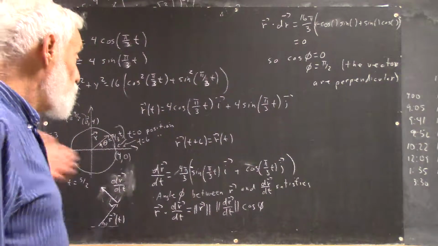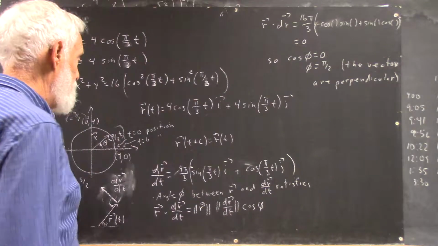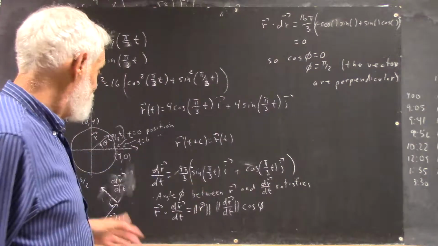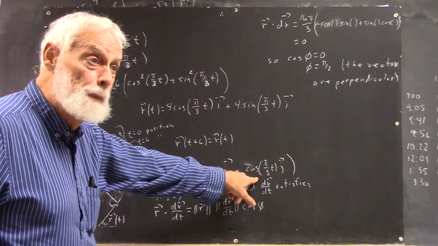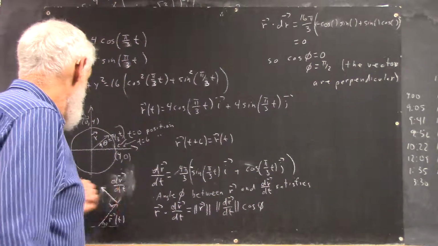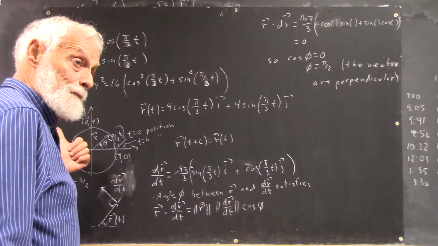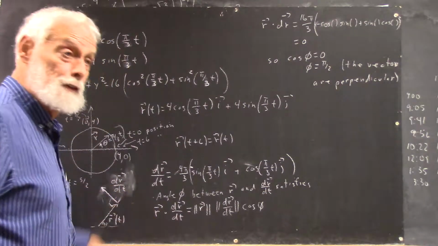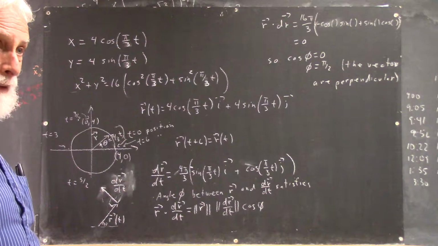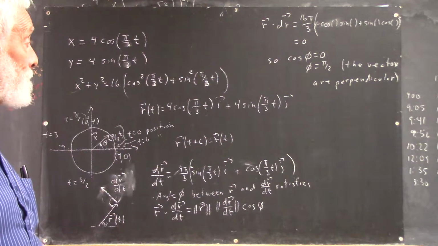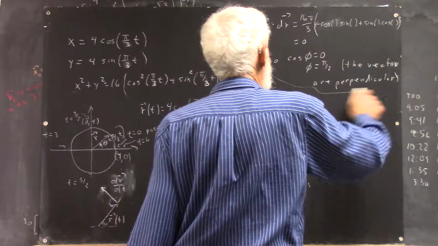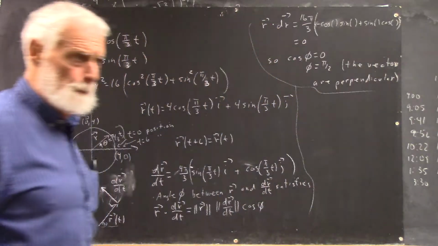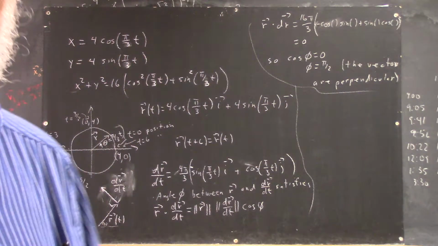And it goes this way because the I component, in the first quadrant at least, would be negative, and the J component would be positive, putting the dr dt vector in this direction, not this direction. Make sense? Okay, that's good. Now, what is the derivative of a position vector? What's the derivative of position?